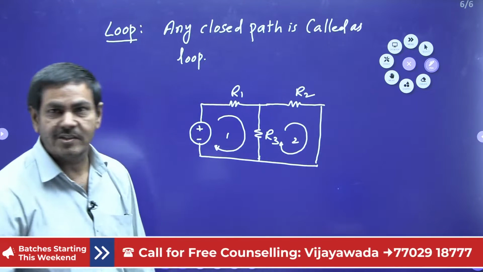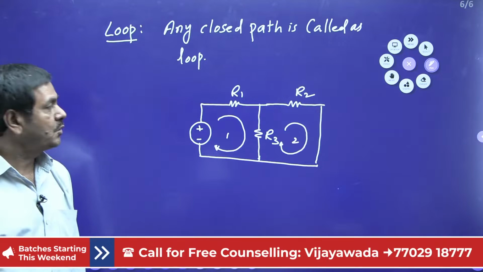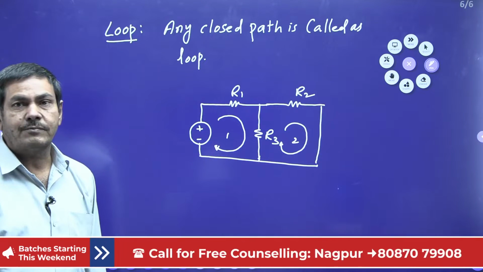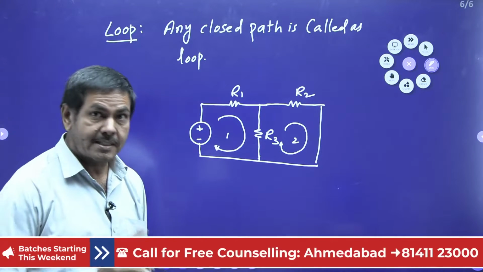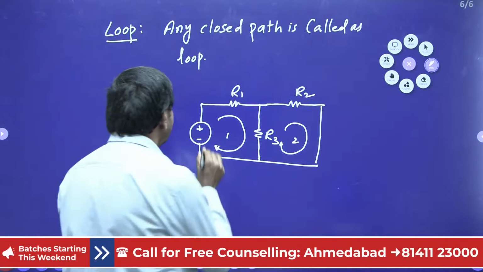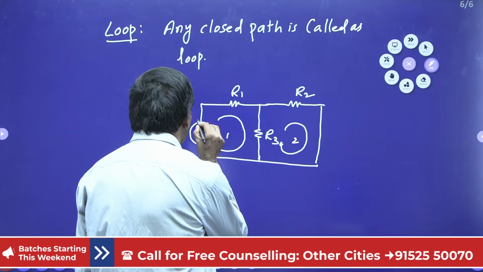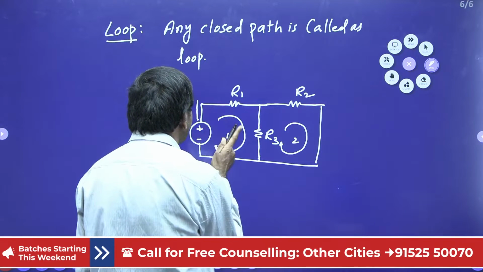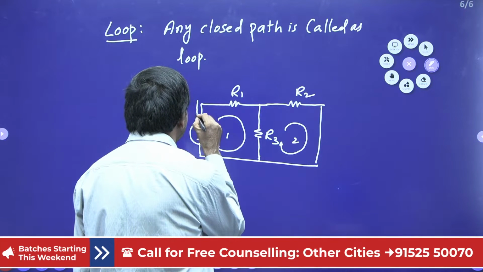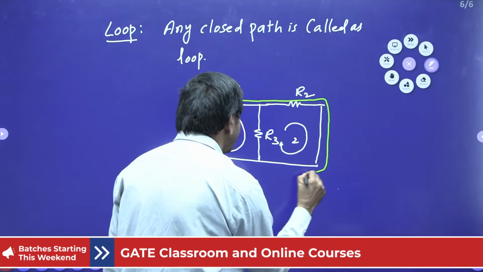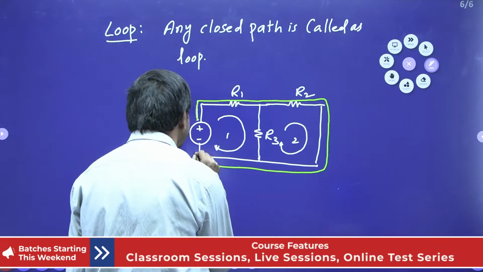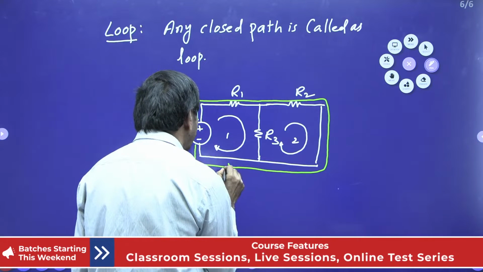That is also a loop. But students should not say the given network contains only two loops, sir. It is not acceptable. Still one more exists. If you select the path in this direction, one more loop is created.